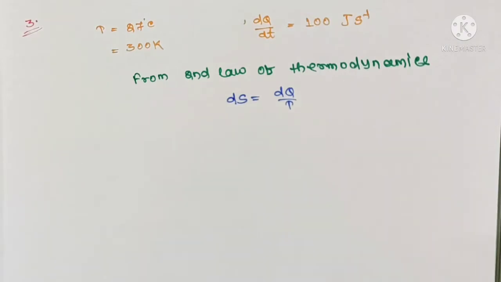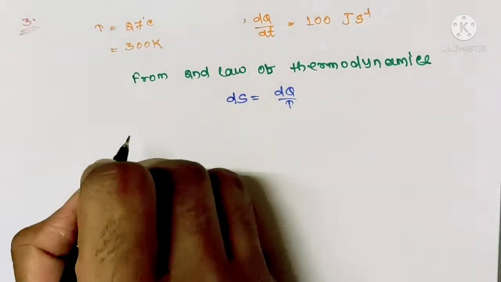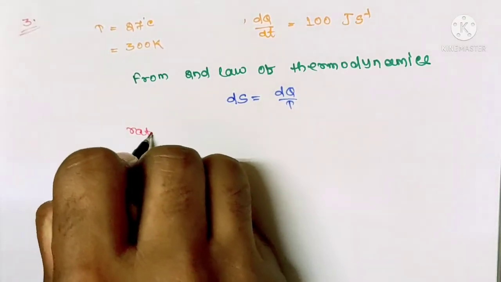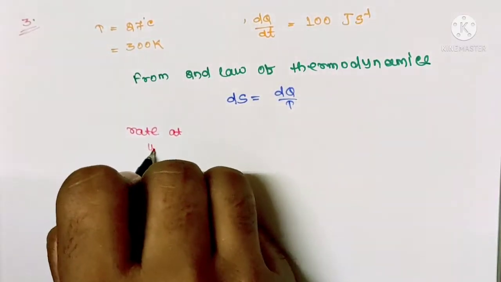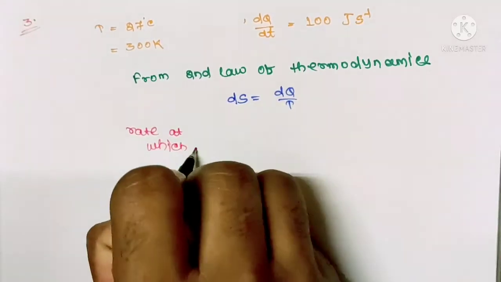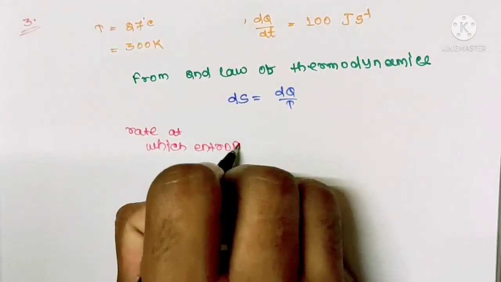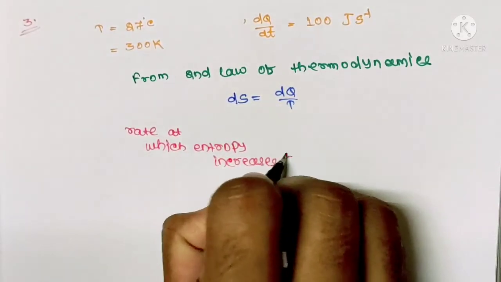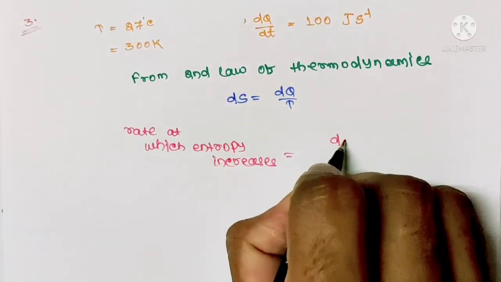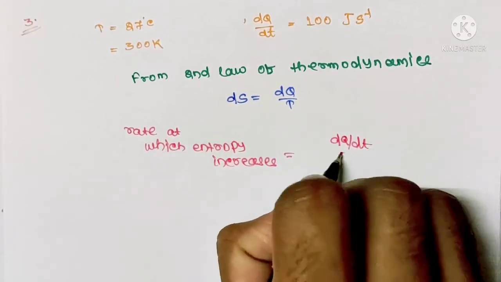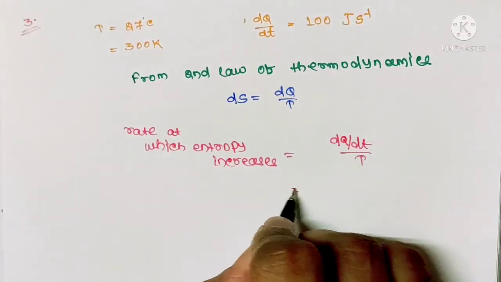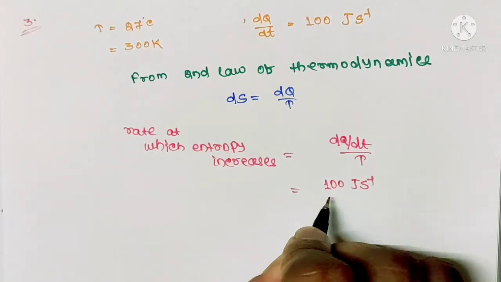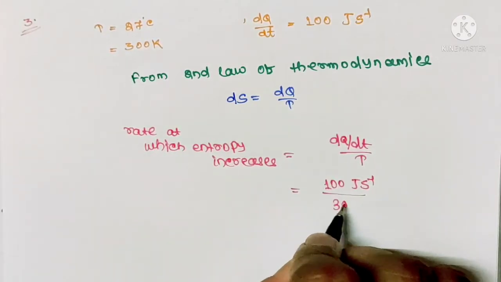So from there we can find the rate at which entropy increases, which will be equal to delta Q by delta t by T, that is equal to 100 joule per second by 300 Kelvin.